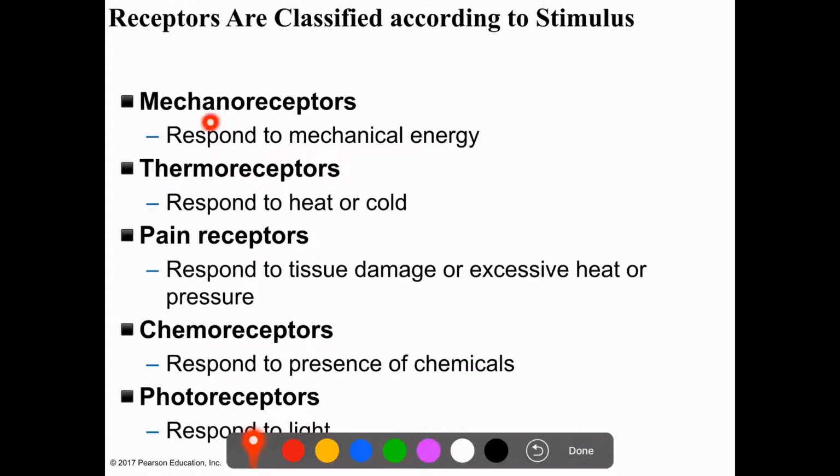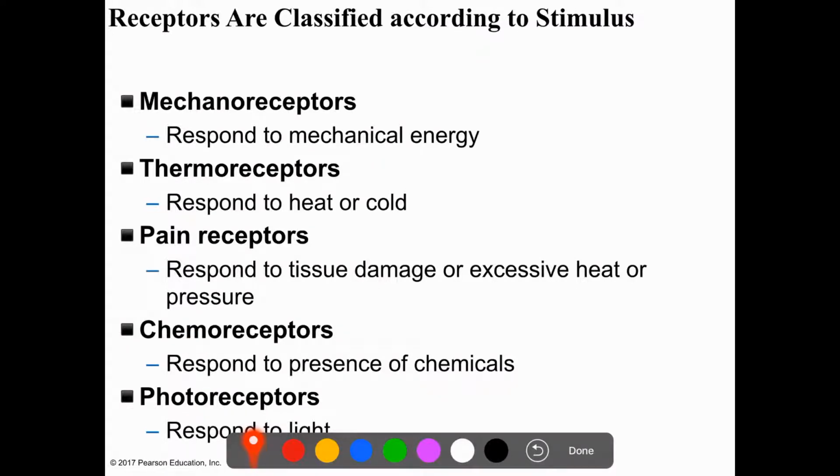For example, mechanoreceptors deal with mechanical energy, like something touching you. Thermoreceptors deal with heat or cold: thermo, temperature. Pain receptors, as you can guess, deal with pain. So any tissue damage or excessive heat or pressure would activate these receptors. Chemoreceptors deal with chemicals, like in our tongue or in our nose.